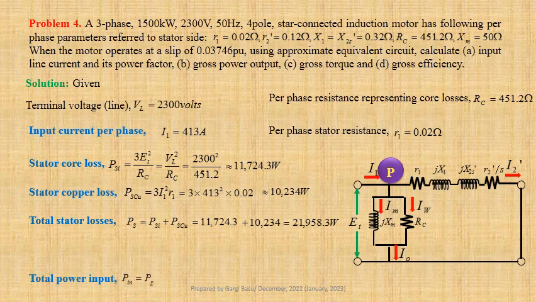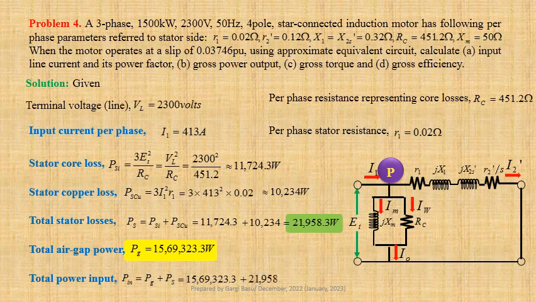Let us now determine total power input. Pin equals PG plus PS. We have obtained total air gap power PG equals 15,69,323.3 watt. Therefore, Pin equals 15,69,323.3 plus 21,958.3. That gives us 15,91,281.6 watt.